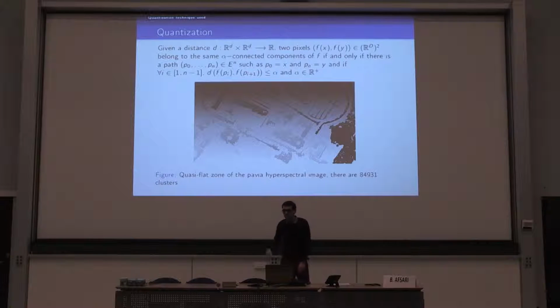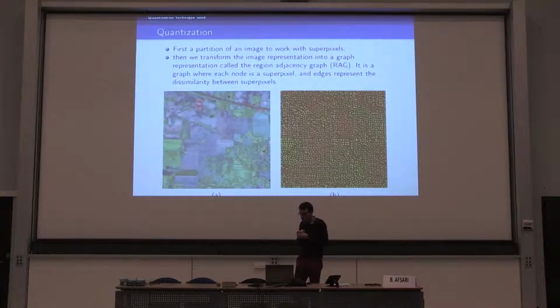But instead of using the alpha connected component at the pixel level, we selected to use it on a graph. What we did, we started with this image, the image in A, and we tried to calculate a superpixel representation of this image.